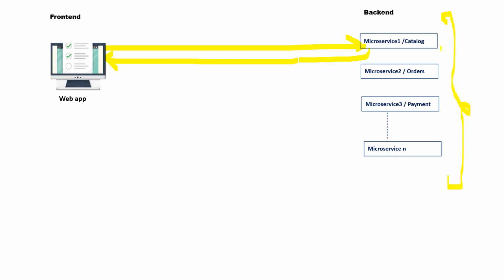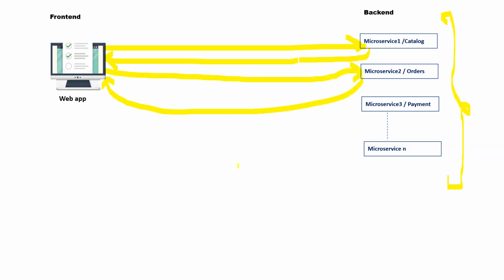In addition, if you wanted to get pricing for orders, to create another connection from microservice number 2, again you have to hit to here, and then you have to get a response back. That means for each connection, for each requirement, you have to make a request to the microservice and get the information.